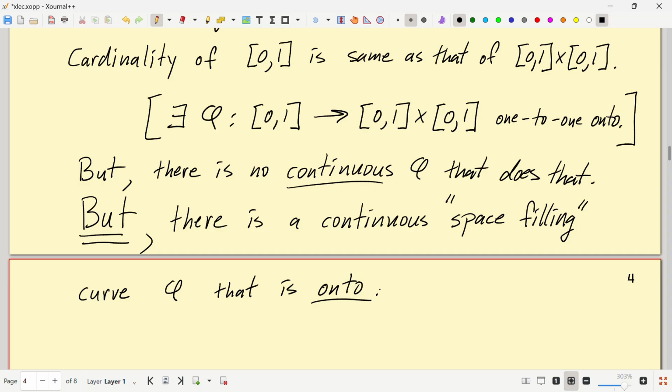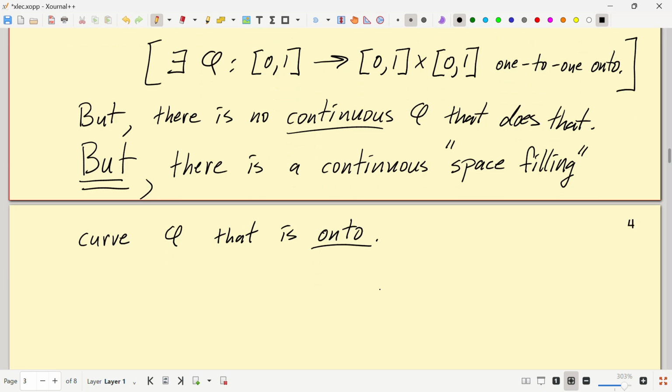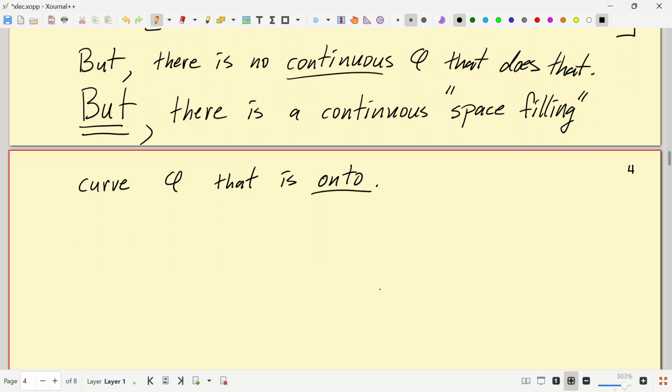If you want to see beautiful pictures of how space-filling curves are constructed, it goes back to Peano, the same person who was thinking about the axioms of the real numbers. It's a mind-blowing thing. You get polygonal curves, and you have this way of doing it like a fractal.